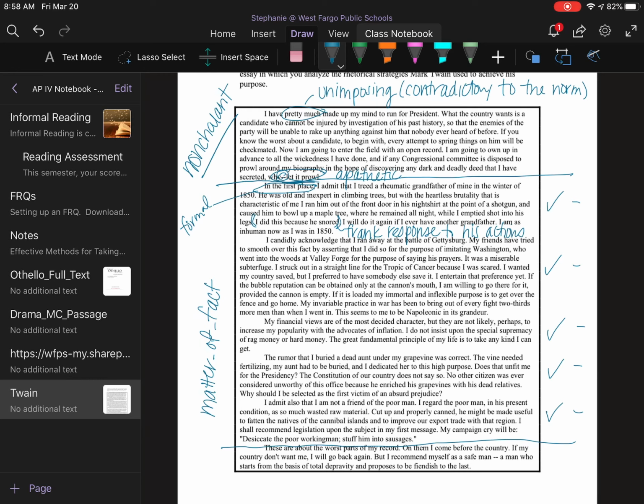And really, if we look at the syntax throughout, there's multiple short sentences like that. So there's this one. Actually, I'm going to switch to a highlighter so we can see better. There's this one. It was a miserable subterfuge. Trying to find more.